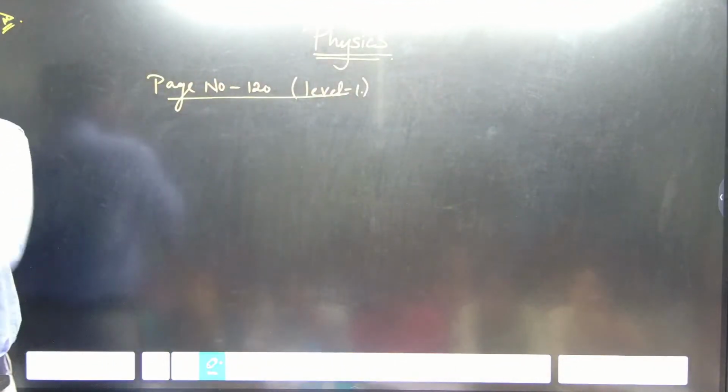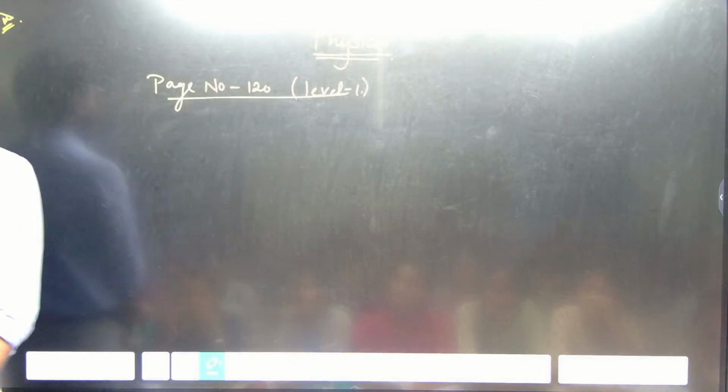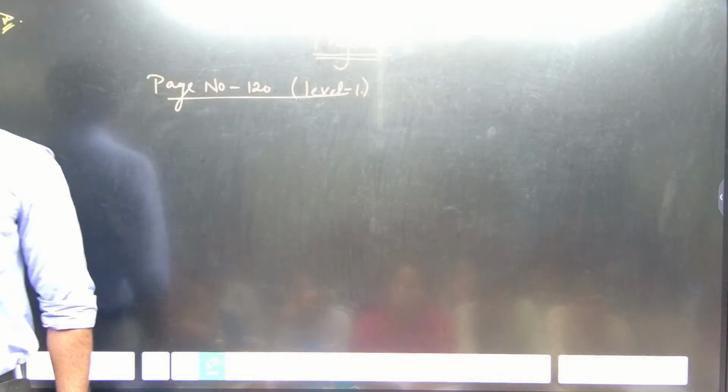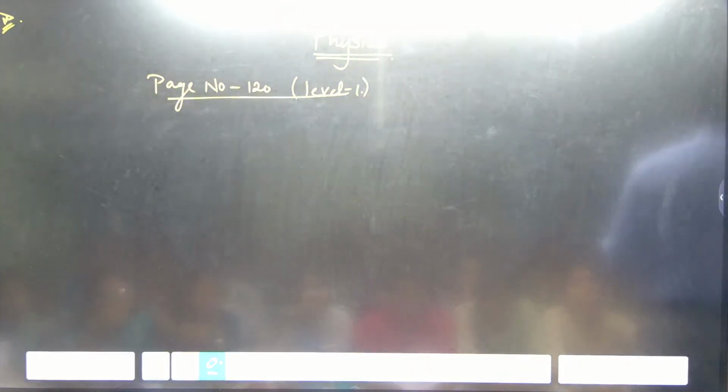Before that, I'll tell a point. Triple point, you have studied about the triple point. A substance will behave as a solid as well as a liquid as well as a gas at a particular point. That point is called the triple point.